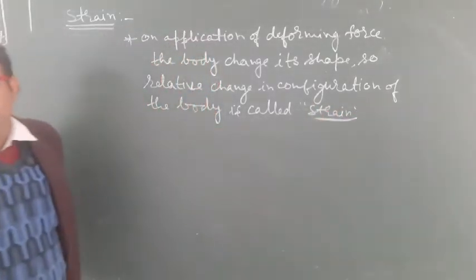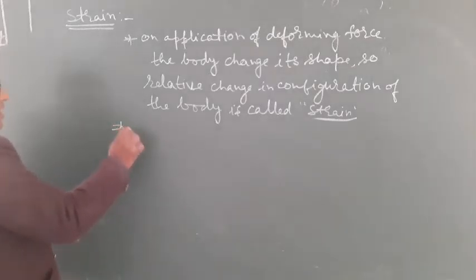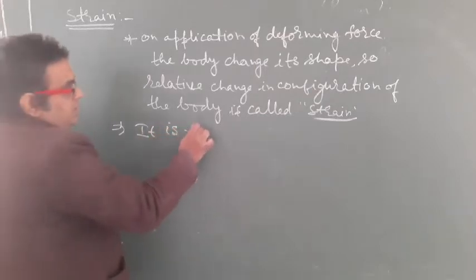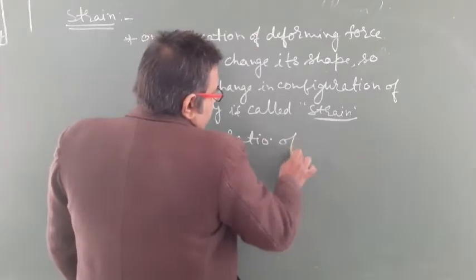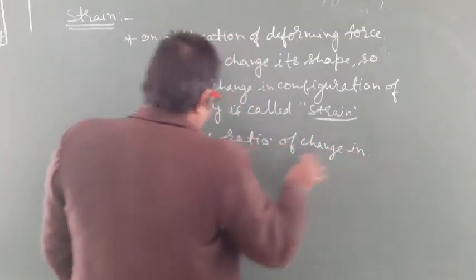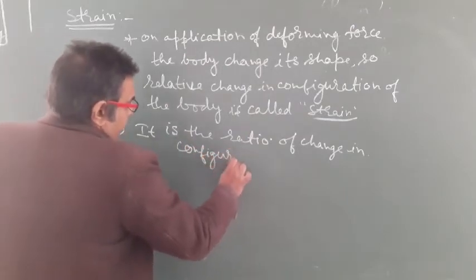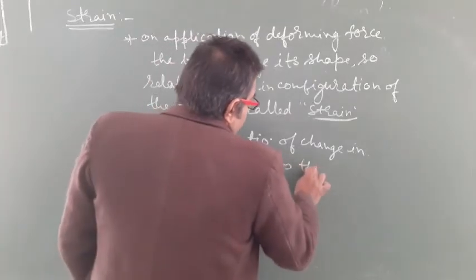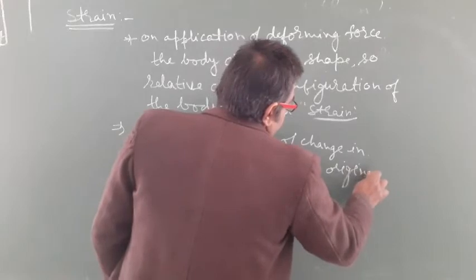So how can we define a strain? In simple language we can define a strain as the ratio of change in configuration to the original configuration.